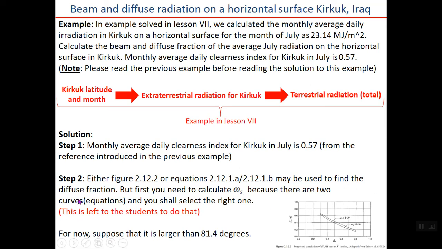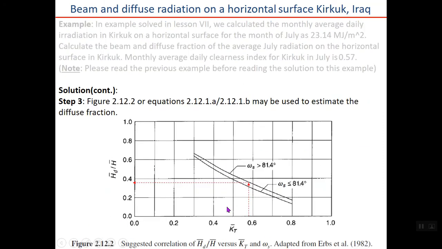Because there are two curves or equations and you must select the right one. Whether using the curves or the formula, you should first determine the value of omega s. This is left to you to do. Please do that and check what the omega s value is for this case. For now, suppose that it is larger than 81, so I use the top curve. Please note that this is left to you to do.